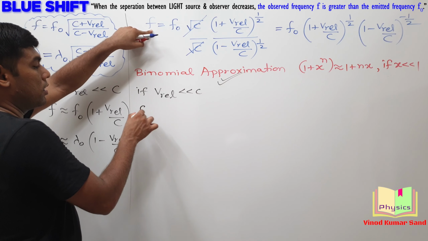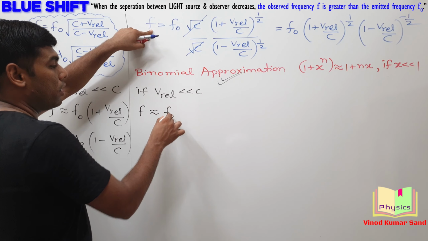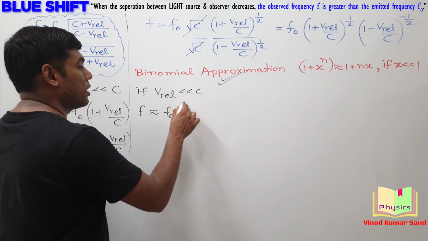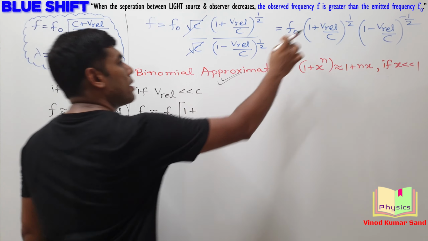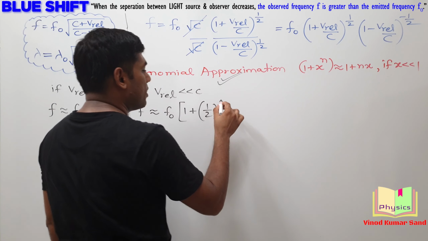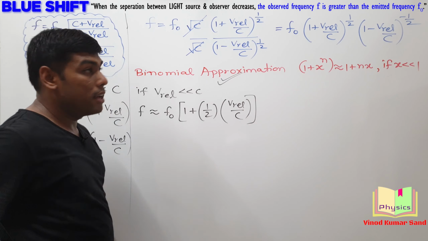Pay attention. f will be equal to f naught, and then using the binomial approximation here, I should write 1 plus n x. n is 1 by 2 and x is v relative by c. Do you agree?